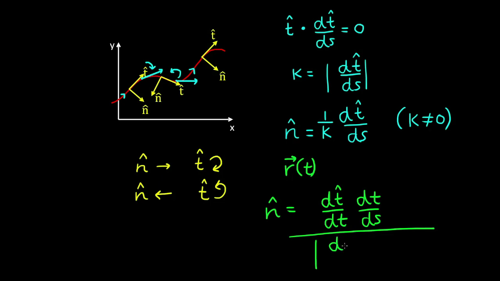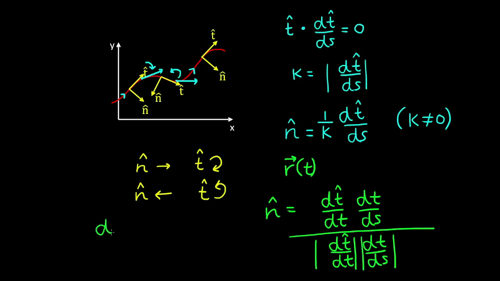So using the chain rule, we can again write dT/dt by dt/ds. So the norm of a scalar multiplied by a vector is equal to the norm of the vector by the absolute value of the scalar.